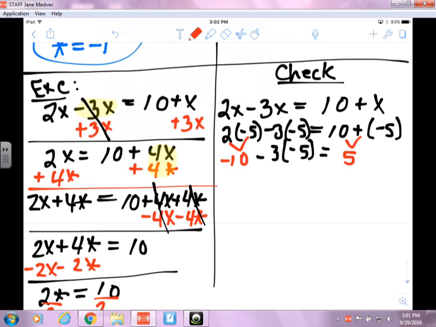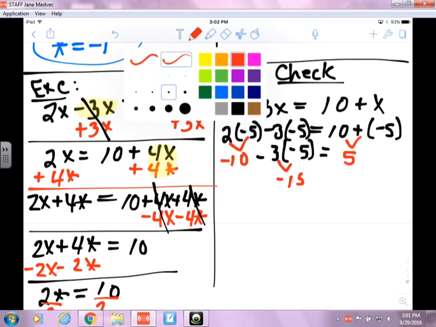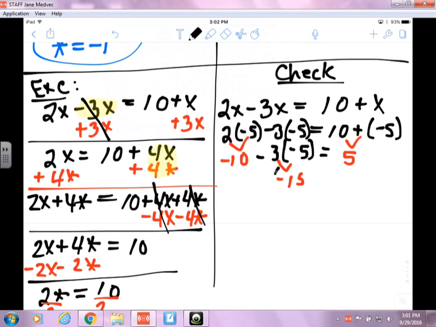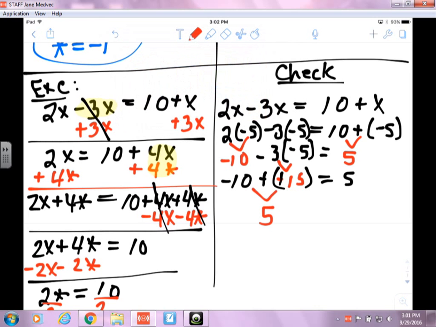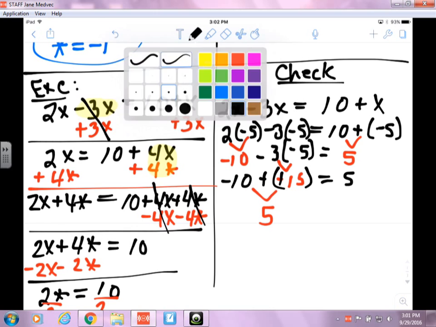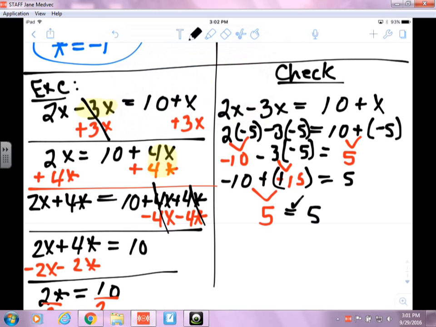Okay? Now, you're going to multiply, and I've got -15, and then I've got that chop again. So I end up with 5 equals 5, and it's a chop.